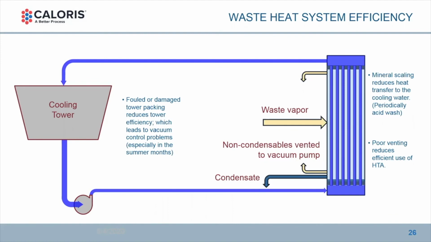The effect is that you can't condense all the waste heat coming off that evaporator, and the back end of your evaporator temperature starts to rise. The only way to maintain evaporation is to increase the front end temperature. Your whole profile increases, fouling rates go up, nothing is in your favor, and you're just consuming more energy. Periodically check and potentially clean the mineral scale out of your surface condenser.